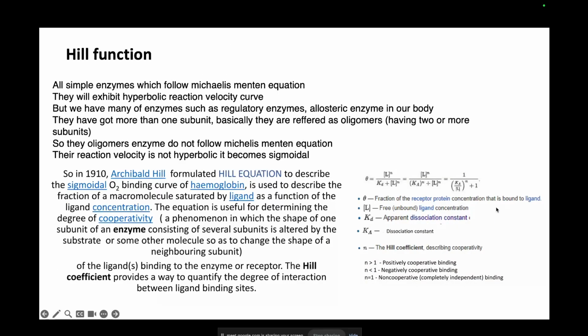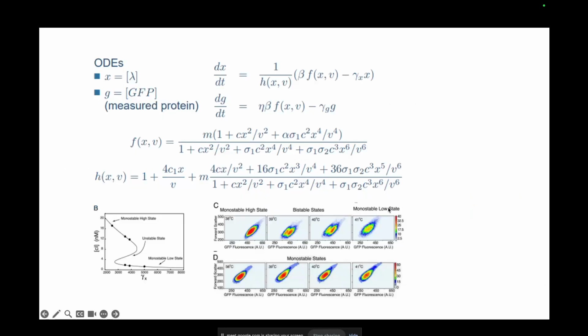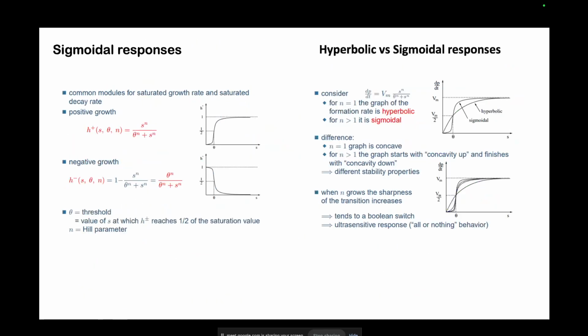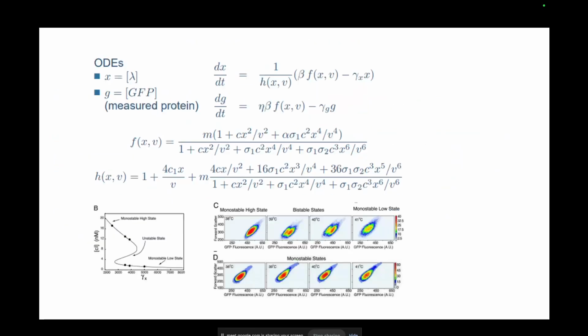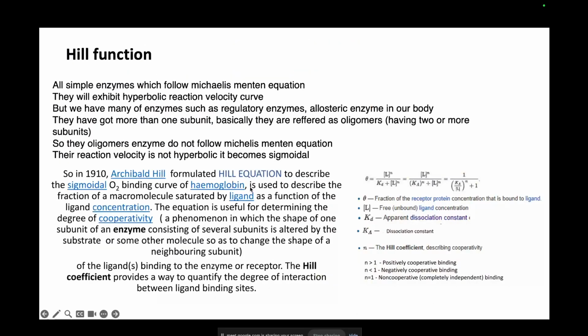Okay, so this is your Hill function equation. Your theta is being replaced. Sorry, what was the equation there? Yeah. So basically, this is the form of the Hill function.